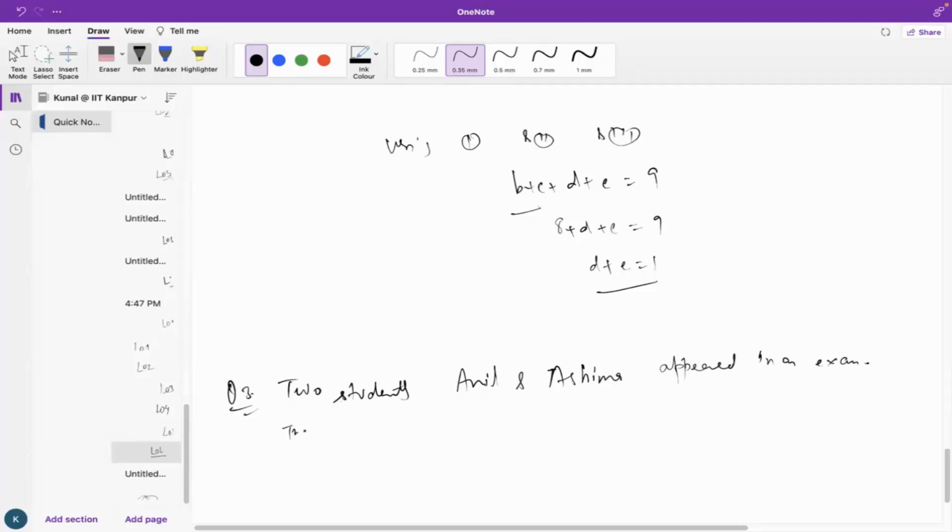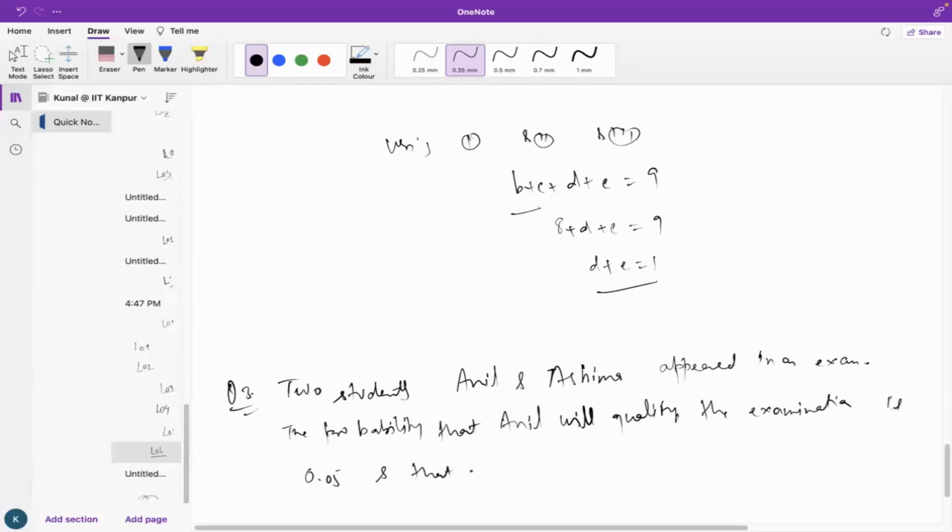The probability that Anil will qualify the examination is 0.05, and that Asima will qualify the exam is 0.10.